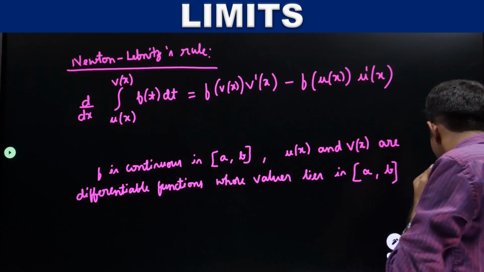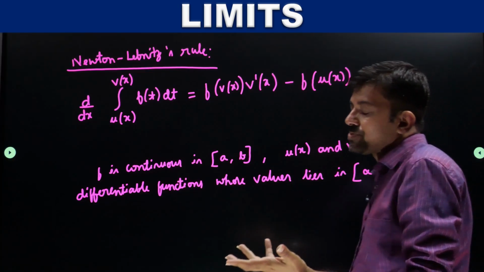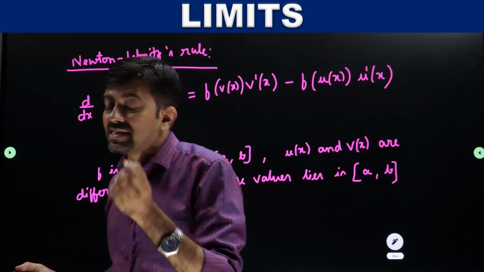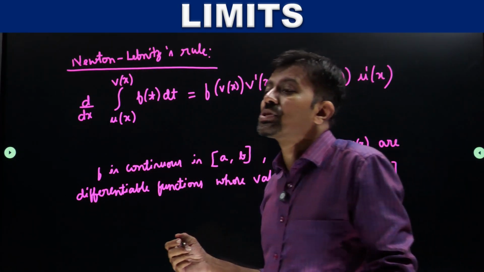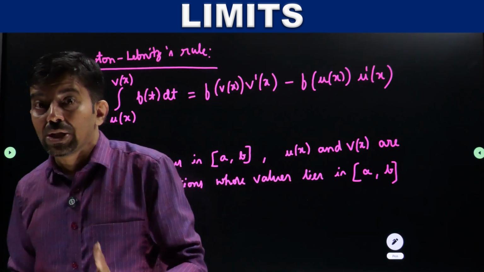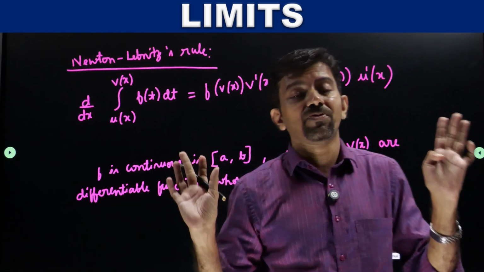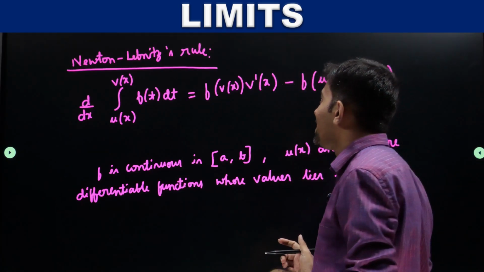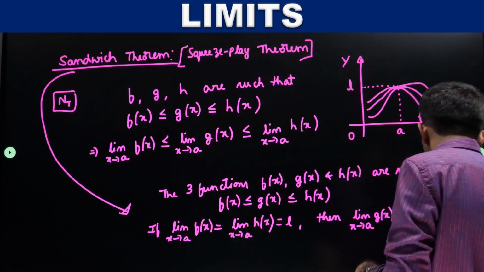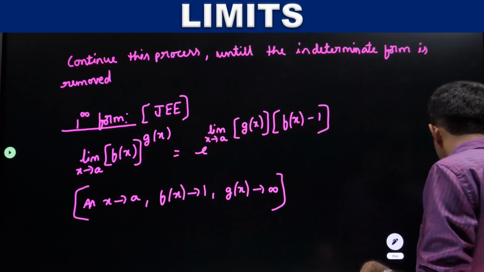So we discussed the Newton-Leibniz formula, infinite series expansions, Maclaurin series expansion, and also L'Hopital's rule, the Sandwich theorem, and 1 to the power infinity. Such an important formula it is. Frequently questions are asked based on 1 to the power infinity. Also the infinite series expansions are given to you.